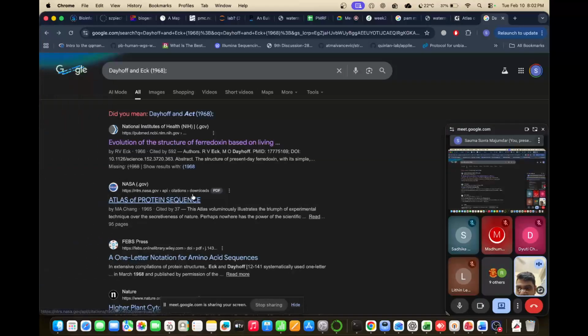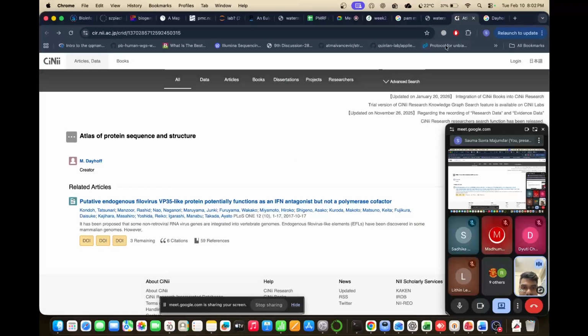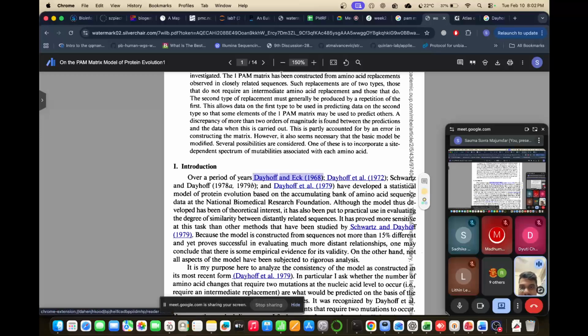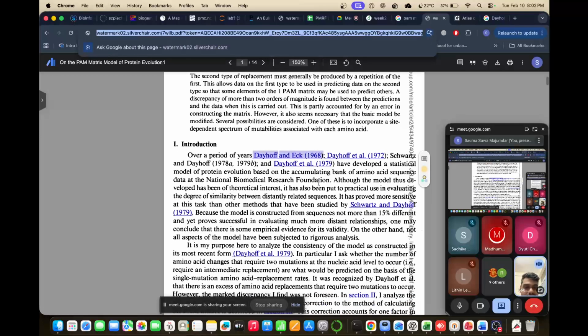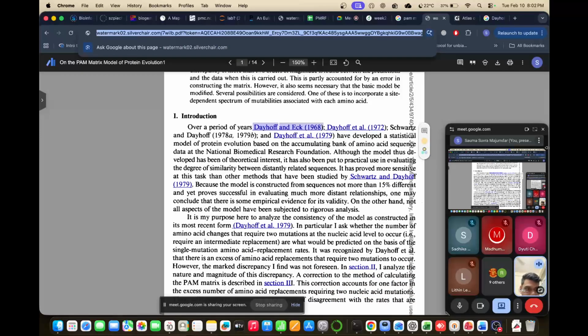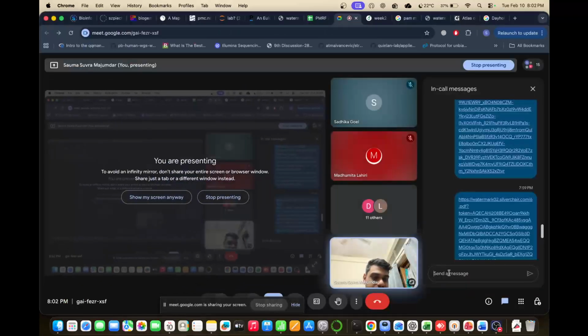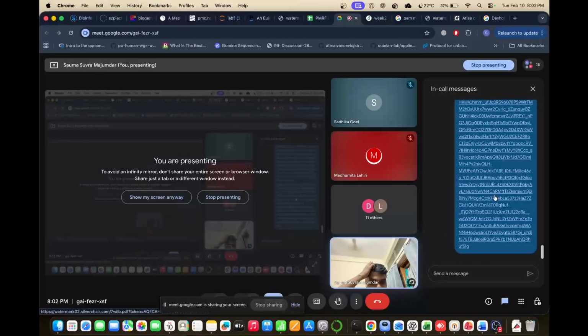No, not this one as well. Okay, I can't seem to find the paper right now, but I think you can read this paper. It has a lot of references to the original ones, and this paper also explains a lot of that.